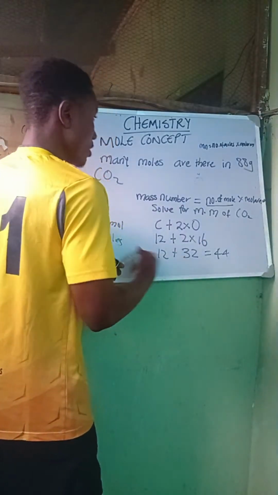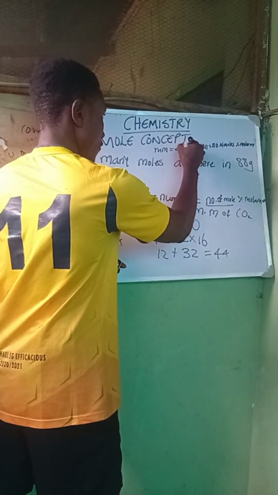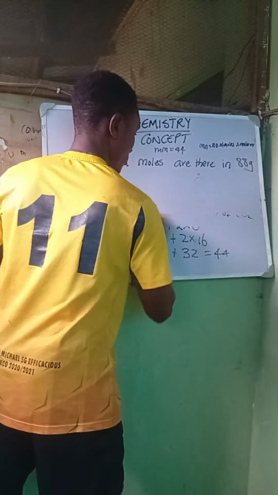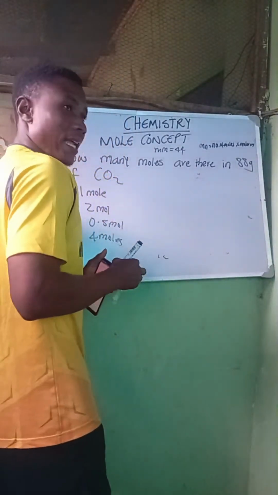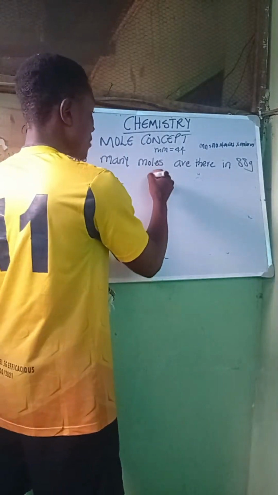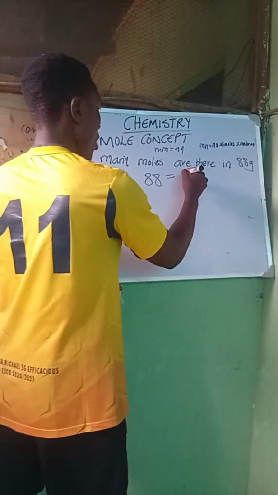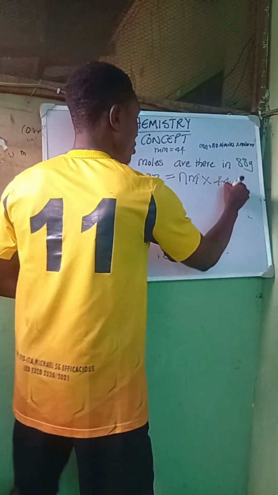Knowing that our molar mass, mm, equals 44, let's substitute the values. The mass that has already been given is 88, equals the number of moles, which is not known, times the molar mass, which is 44.